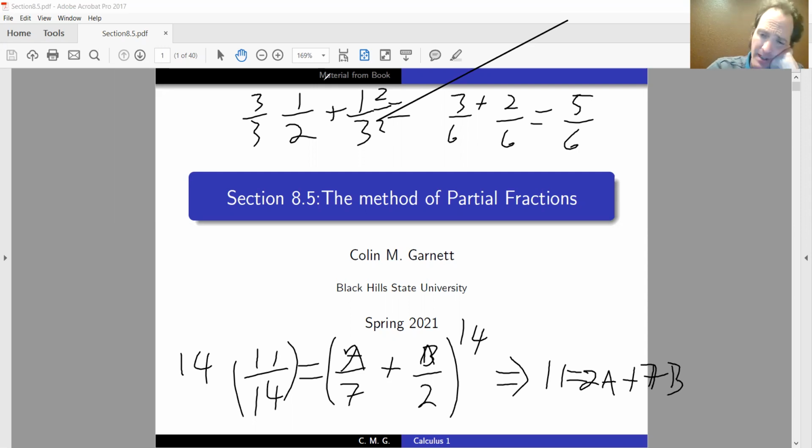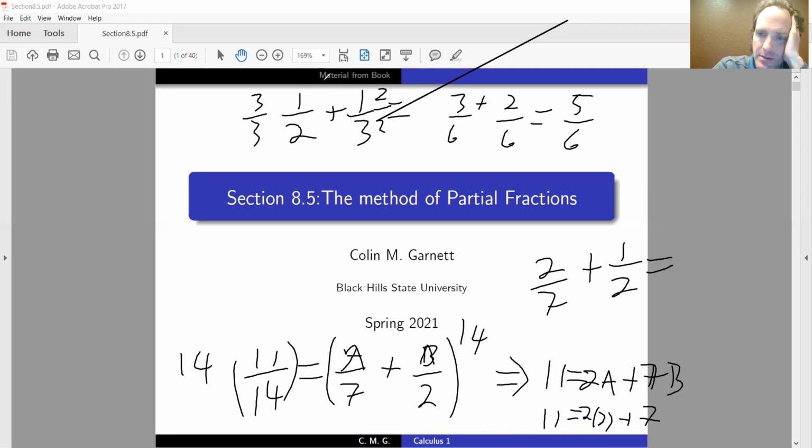At this point, I have to eyeball it because there are all sorts of choices for A and B. But if I chose B to be 1 and A to be 2, I get 7 plus 2 times 2, which is 7 plus 4, which is 11. That means 2/7 plus 1/2 is equal to 11/14. So I look at these A and B and try to find them.